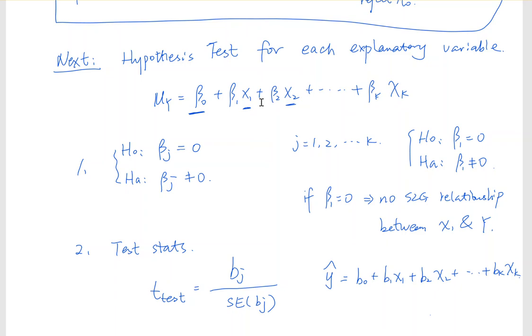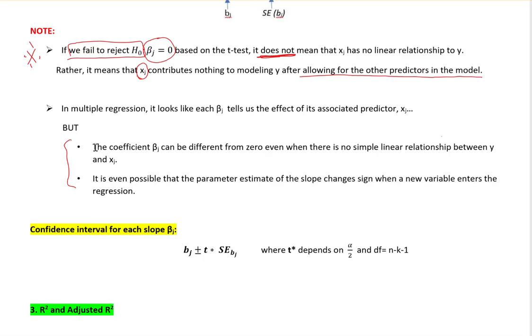Even though, for example, x1 has no linear relationship with the response variable y, the corresponding coefficient beta 1 may not be exactly 0, it can be some value. Even though there's no linear relationship, it doesn't mean that beta 1 must be 0.